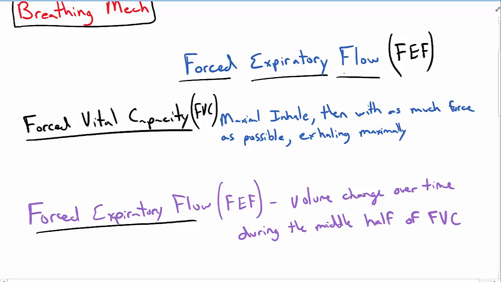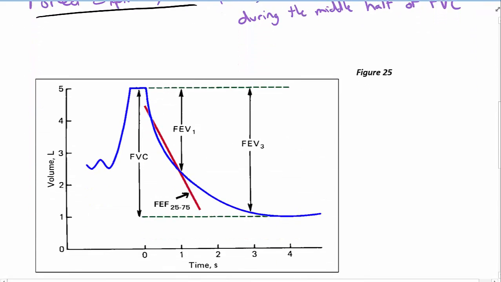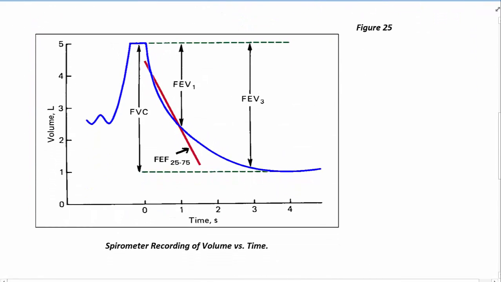So let's take a look at what FEF, or forced expiratory flow, looks like. In your notes, figure 25 is a spirometer recording of volume on the y-axis versus time, and we're looking at a FVC, or a forced vital capacity.